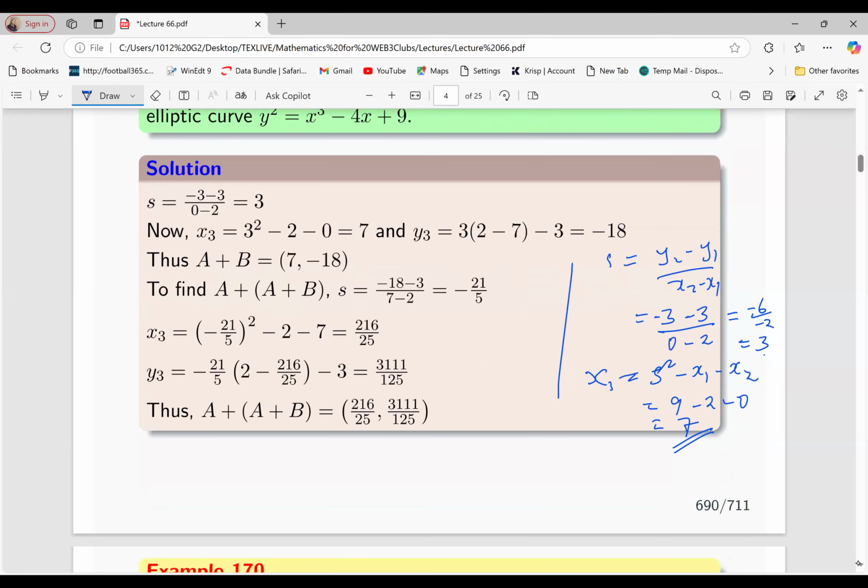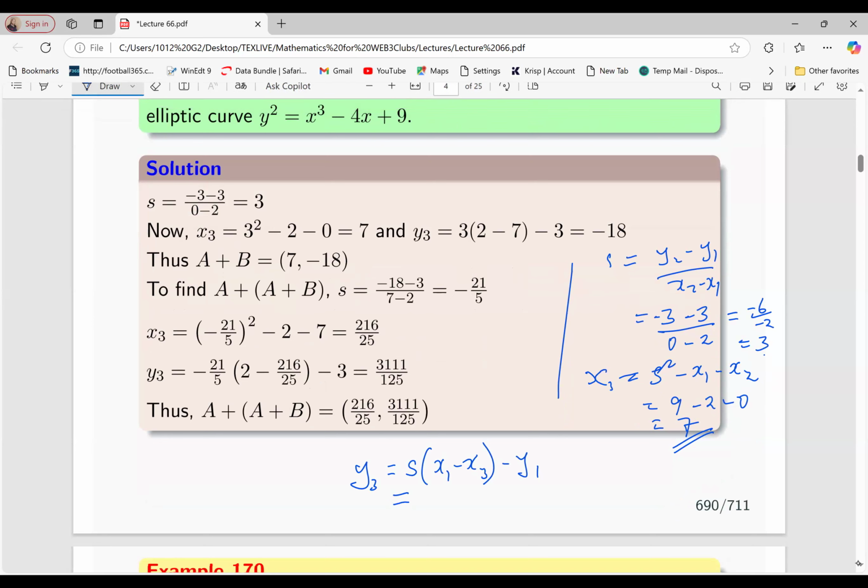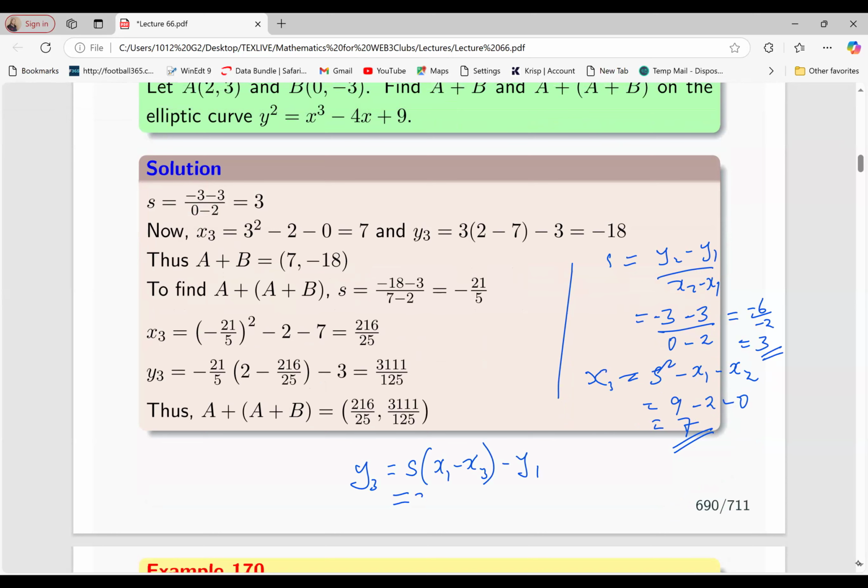What about y3? For y3, the formula is gradient times x1 minus x3, then minus y1. What is our gradient? It is 3. X1, we've been using 2, and x3, we've just obtained 7.